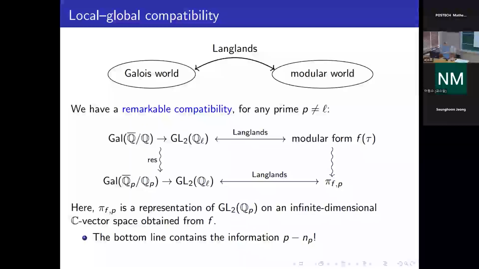Here, just focus on that one particular prime p. In the same vein, here res means restriction. I can restrict from this very, very big group, which we don't really understand in any satisfactory way, to this much smaller Galois group, and we get something in a way much simpler.